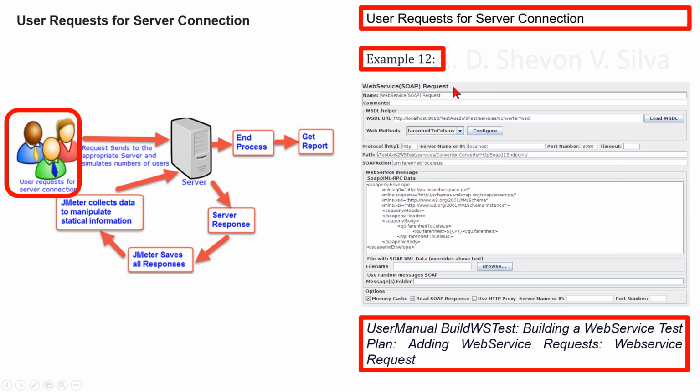Since we are using a web service sampler, we won't go into the details of writing a web service in this example. If you don't know how to write a web service, Google for web service and familiarize yourself with writing web services for Java and .NET.